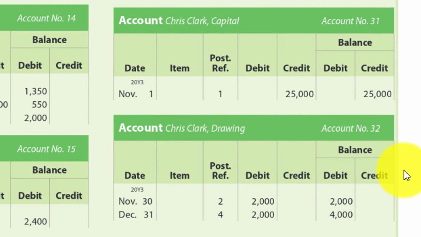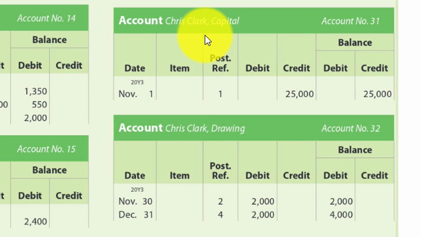Now, if you follow along in your textbook, again, it's a very unusual textbook. I've been in the accounting game half my life. I've never seen this before. Instead of retained earnings, they use capital. For example, Chris Clark capital account.